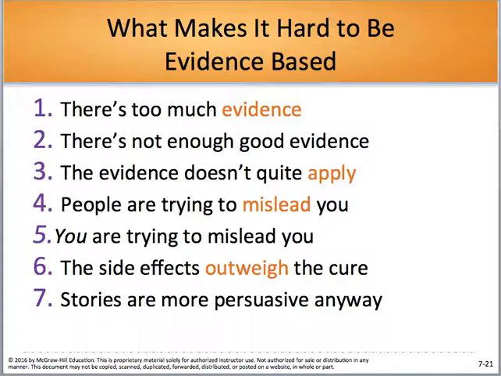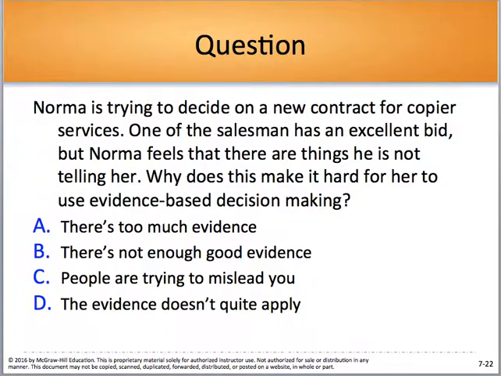Then, you can be trying to mislead yourself. Yes, you can actually be trying to sabotage yourself, sabotage the efforts that you're trying to do out of fear, out of doubt, out of whatever. And then six, the side effects could actually outweigh the cure. And then, of course, our stories are more persuasive anyway. And so these are some of the things that can make it difficult.